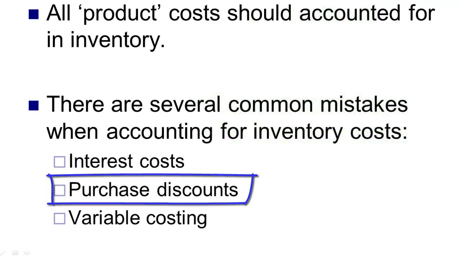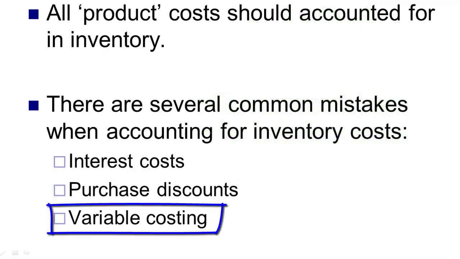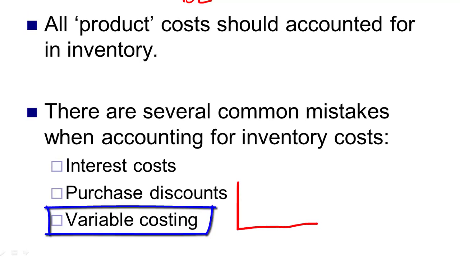The last thing are variable costs, and variable costing again is a cost or managerial accounting idea. It's the value of any one unit. So for every extra unit I produce, I pay that much more. So this is my cost, and this is my number of units.